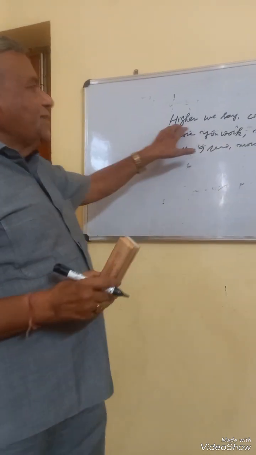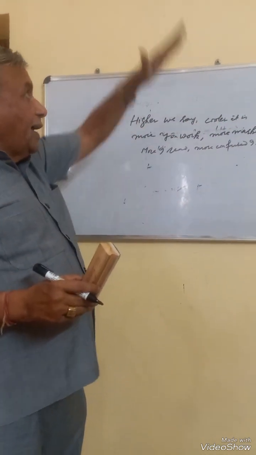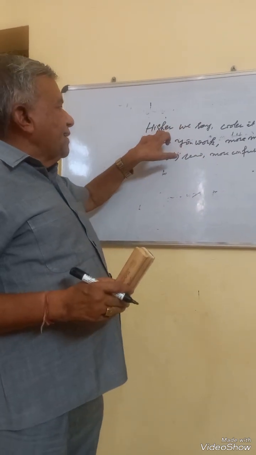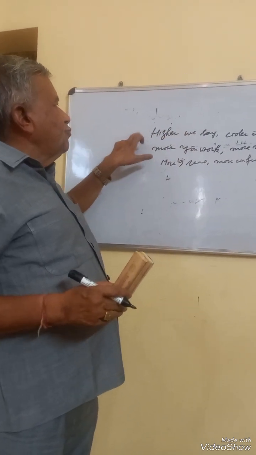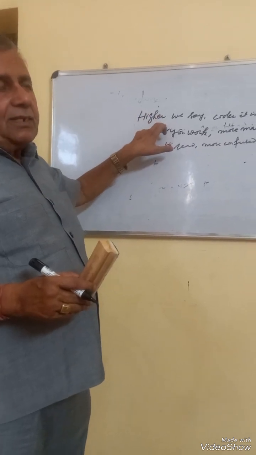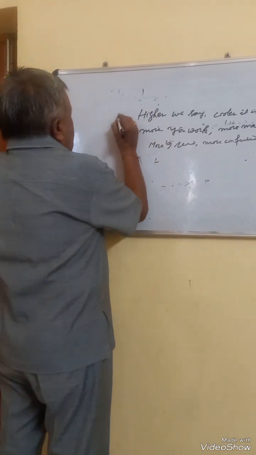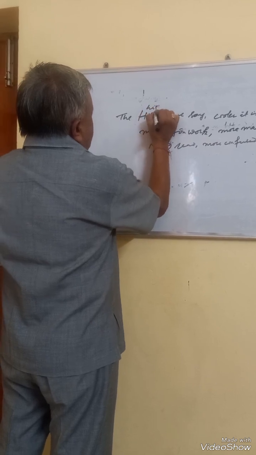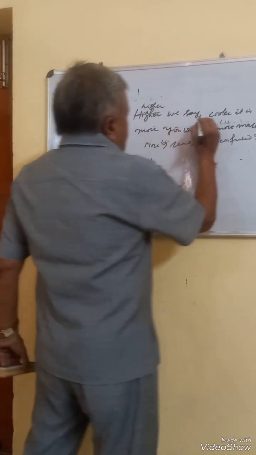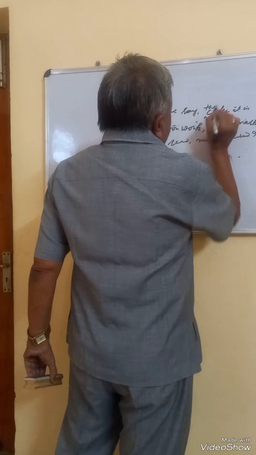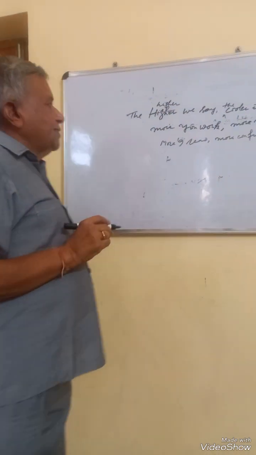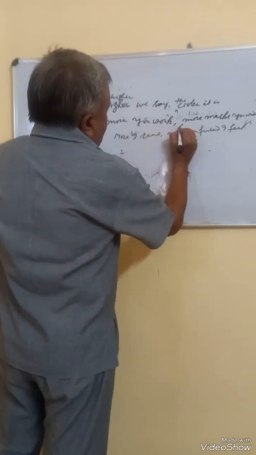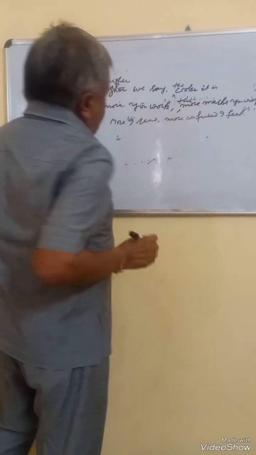These are two simultaneous activities, higher and cooling. In such cases, when we use comparative degree, we have to use the before comparative degree. The correct sentence would be the higher we go, the cooler it is. Similarly, the more you work, the more marks you will get.